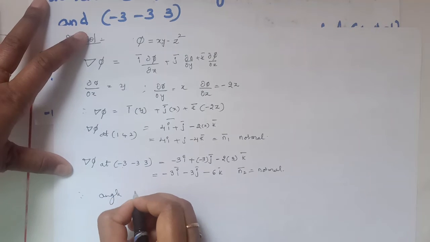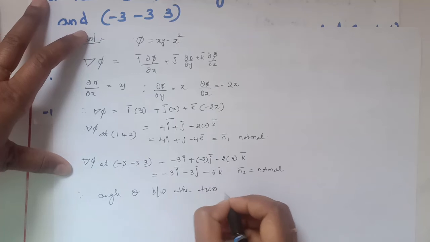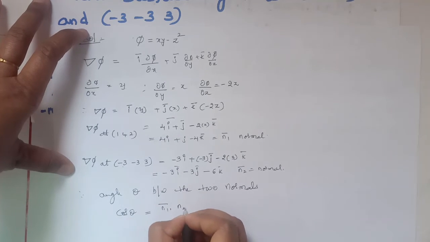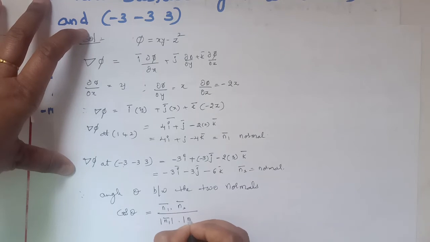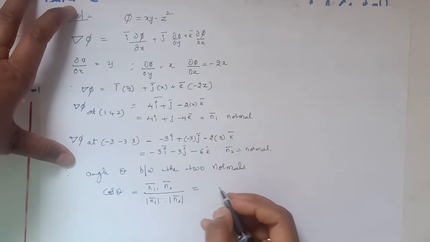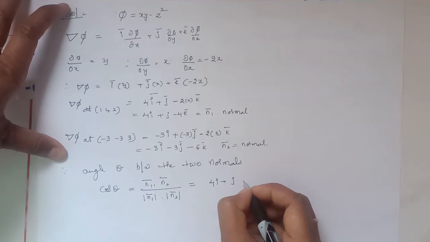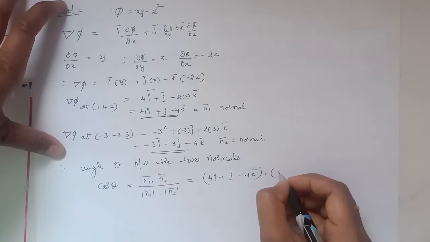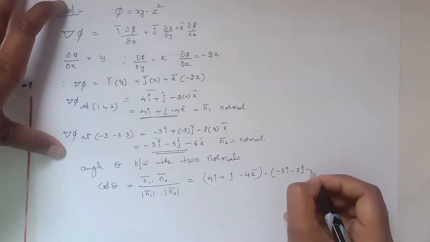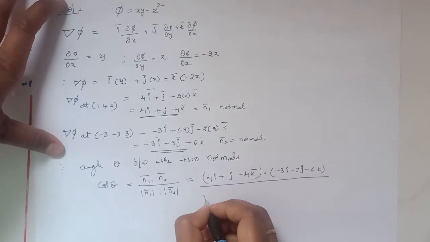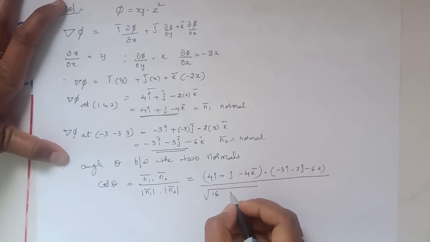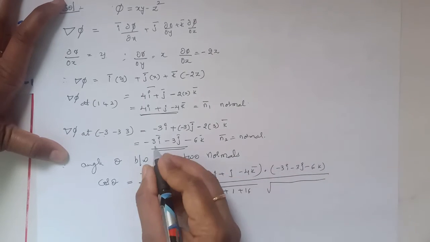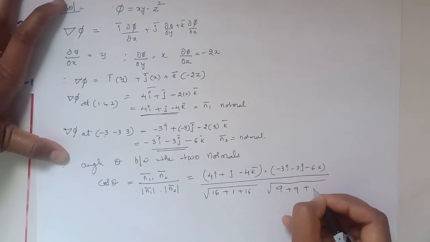Therefore the angle theta between the two normals is cos theta equal to n1 bar dot n2 bar by mod n1 bar times mod n2 bar. n1 bar is 4i plus j minus 4k, and n2 bar is minus 3i minus 3j minus 6k, divided by under root of 4 square is 16 plus 1 square is 1 plus 16, into under root of 3 square plus 3 square is 9 plus 9 plus 36.